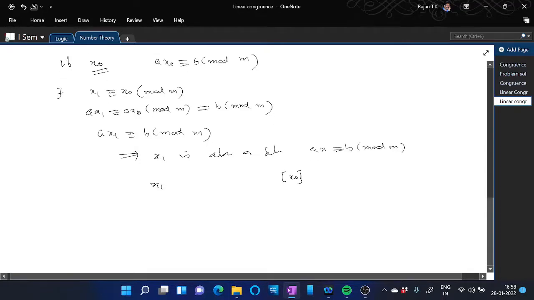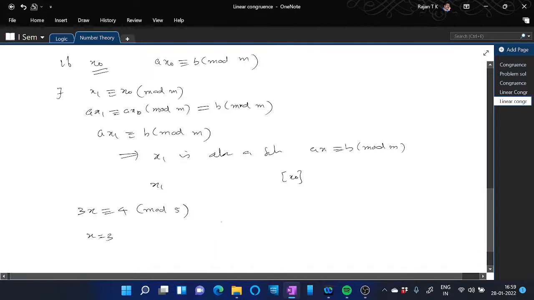For example, let us take the linear congruence 3x congruent to 4 mod 5. Earlier we found that x equal to 3 is a solution to this congruence.